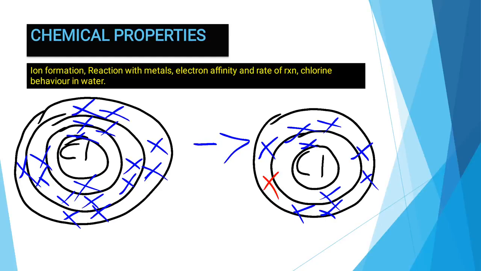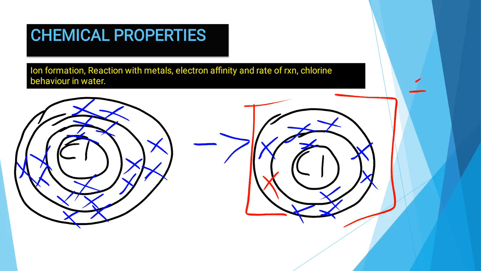Every time that happens, it now becomes an ion with an extra 1 electron, and every time it has an extra 1 electron, the charge now becomes negative.